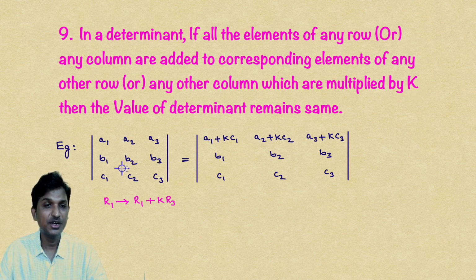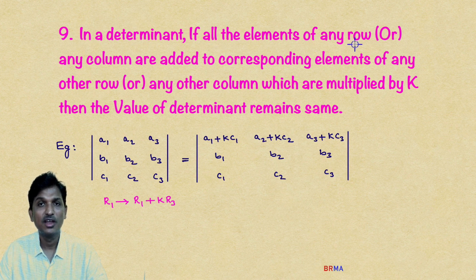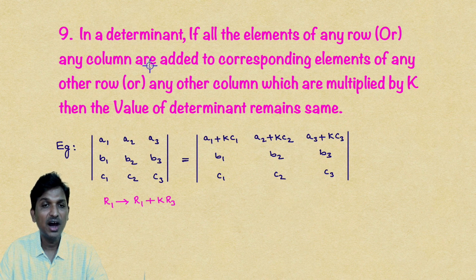See, in a determinant, I consider this determinant. All the elements of any row, I'm considering the first row. In this example, all the elements of the first row are added to the corresponding elements of any other row.